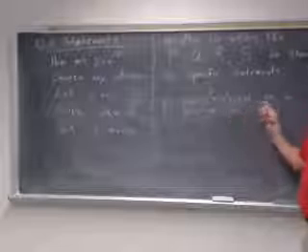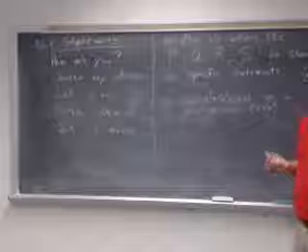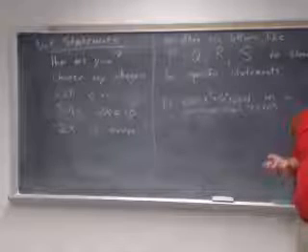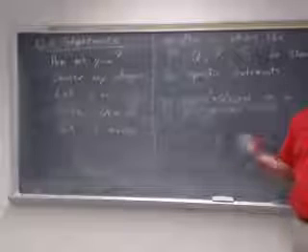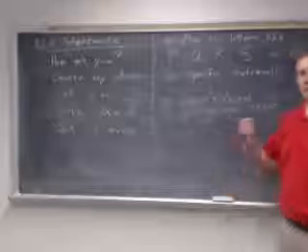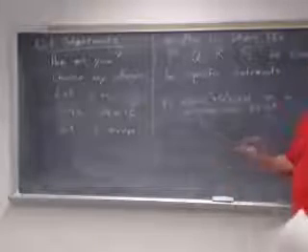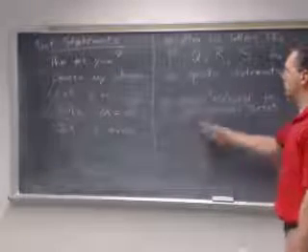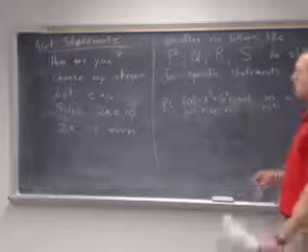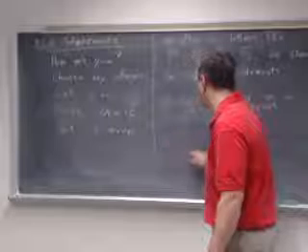It's a statement because it's either true or false. It happens to be a true statement. But you can imagine why you might want to call that a letter. If you're trying to prove a statement and write a proof, instead of rewriting the sentence over and over, you can just say we're trying to prove statement P. It's a shorthand: you call a whole sentence a letter so you don't have to keep reading it over and over.